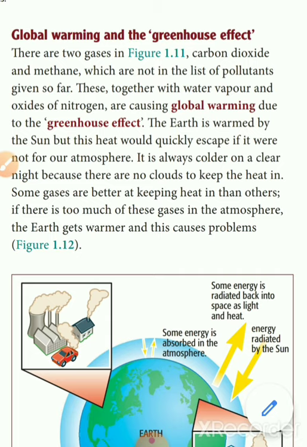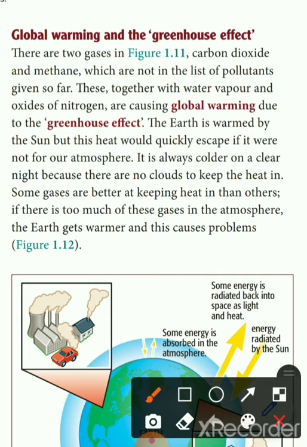Together with water vapors and oxides of nitrogen, they cause global warming due to the greenhouse effect. Basically, those are the 2 or 3 points given there. If you just consider oxides of nitrogen: whenever you refer to the term oxides, they are mainly reactive. Oxides react with the gases available in the atmosphere.